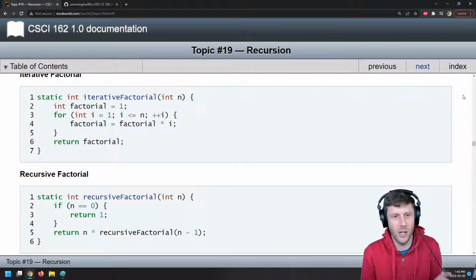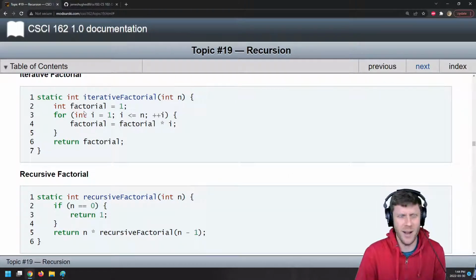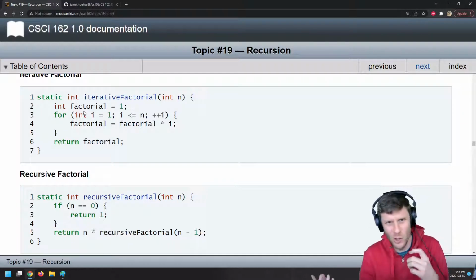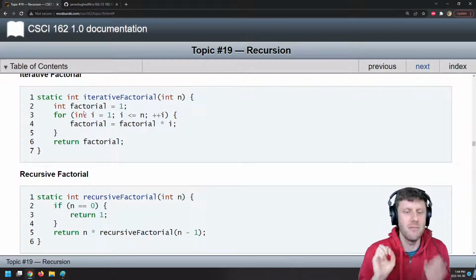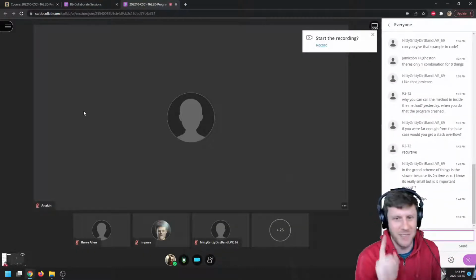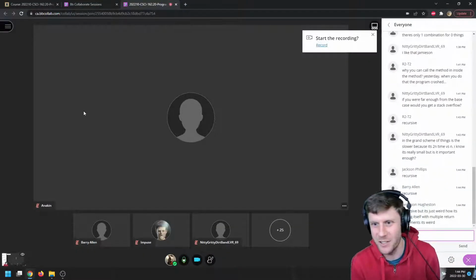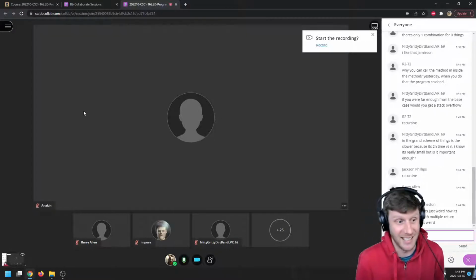One is just so clean. Where the other one, I'm creating a variable, assigning values. I've got a loop. I have to update the... Here, it's just, that's it. Recursive. That's what I thought. Recursive, but I'd still be weirded out by how it's calling itself with multiple return statements.